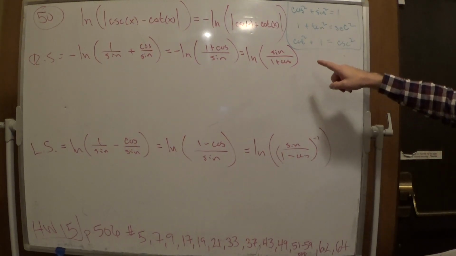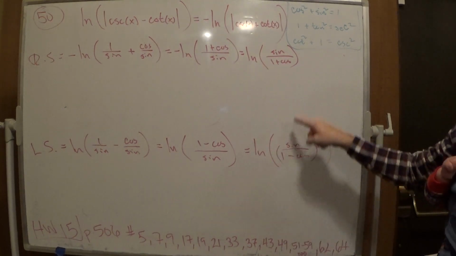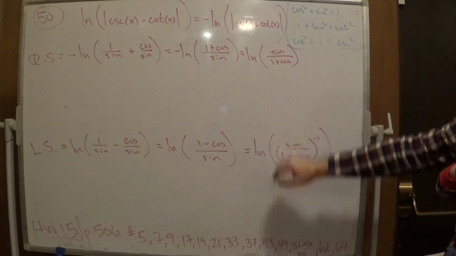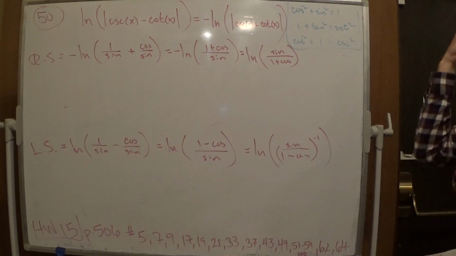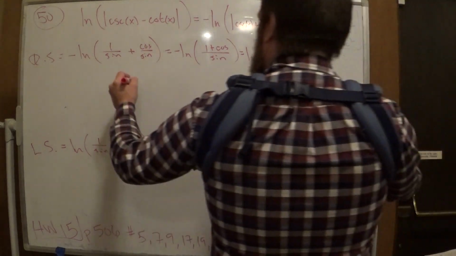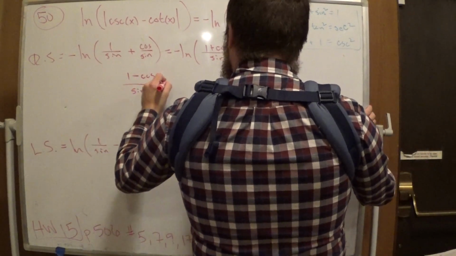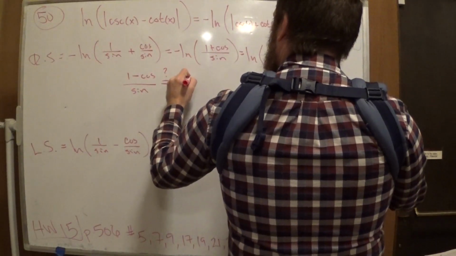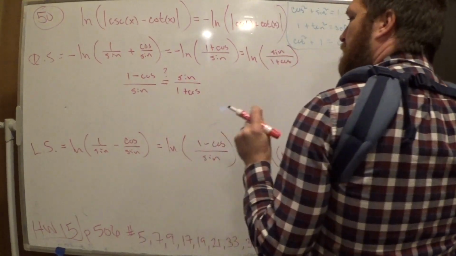So now, is there a way that we could show that this is equal to that? Because as of right now, we have log of this stuff equals log of this stuff. So let's just see. Is 1 minus cosine over sine equal to sine over 1 plus cosine?